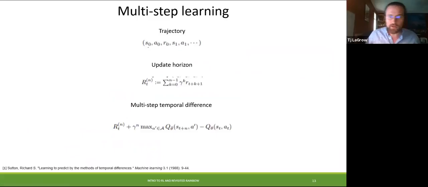Great. And so now we step into multi-step learning. This was proposed by Richard Sutton in '88, and it's one of the classic papers for reinforcement learning. But in here, instead of computing the temporal difference error by using only a one-step transition, they can use a multi-step target, where the trajectory in the update horizon yields a multi-step temporal difference.